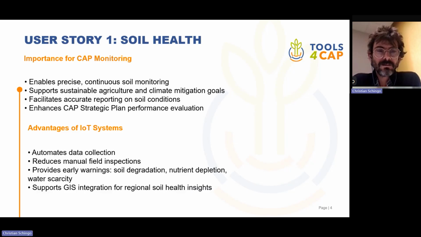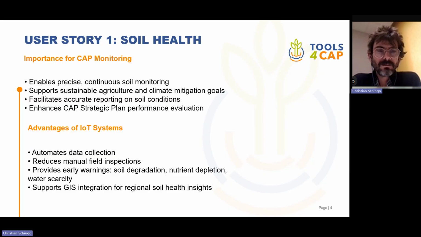What is the importance of a potential use of the sensors in the CAP monitoring? Because they enable precise and continuous soil monitoring. Continuous, because the sensors are always there, and it supports sustainable agriculture and climate mitigation goals. It facilitates accurate reporting on soil conditions and enhances CAP strategic plans performance evaluation.